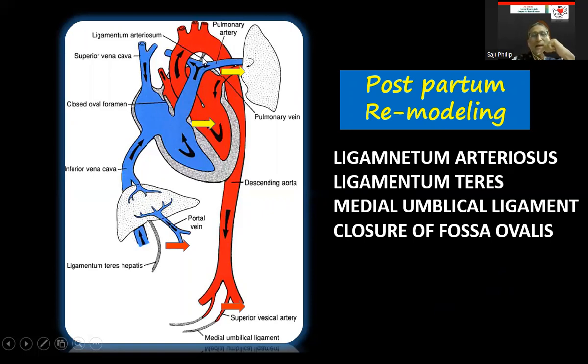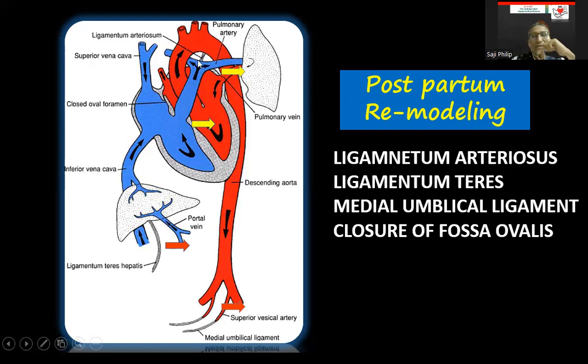And the ductus arteriosus, immediately after cutting off the umbilical cord, the lungs will work and the oxygen will be higher, the PGE2 receptor will be decreased, and the PGE2 level also decreases, and that produces constriction of the muscles of the vasa vasorum, and then slowly fibrosis will occur, and then the ligamentum teres will come.